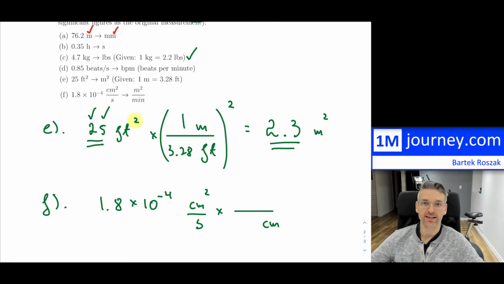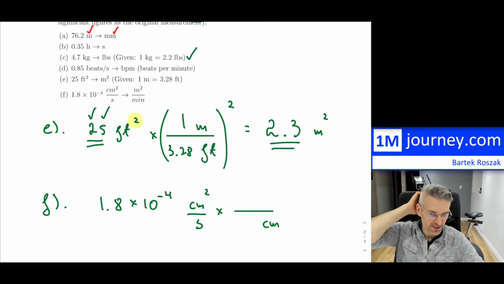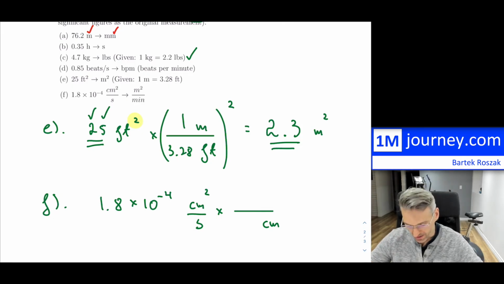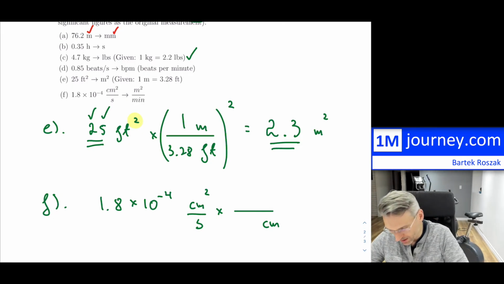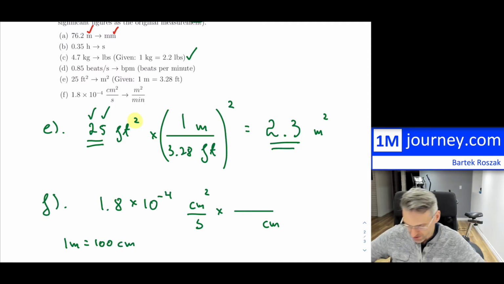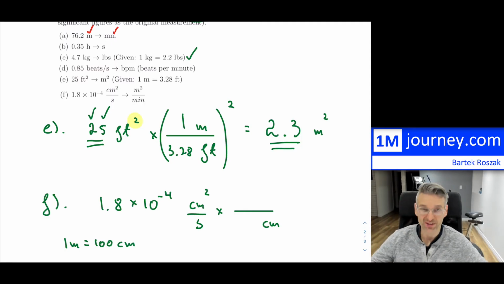Now, this is, again, a prefix, but I hope that you remember, 1 meter is equal to 100 centimeters. This one is very common. So even if you haven't gotten into physics, you probably know that 1 meter equals 100 centimeters.